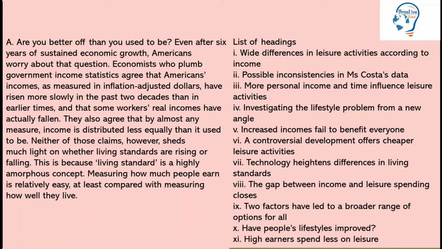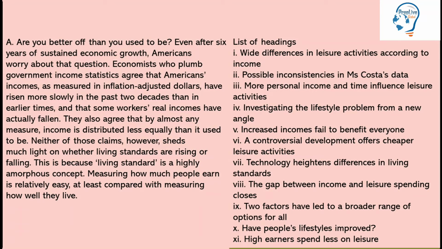Economists who plumb government income statistics agree that Americans' income, as measured in inflation adjusted dollars, has risen more slowly in the past 2 decades than in earlier times, and that some workers' real incomes have actually fallen. They also agree that by almost any measure, income is distributed less equally than it used to be.